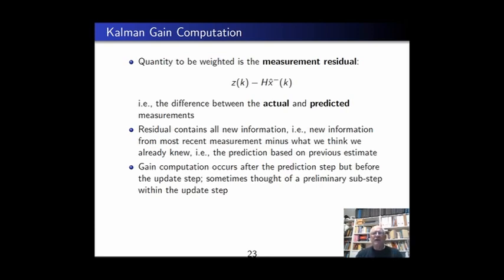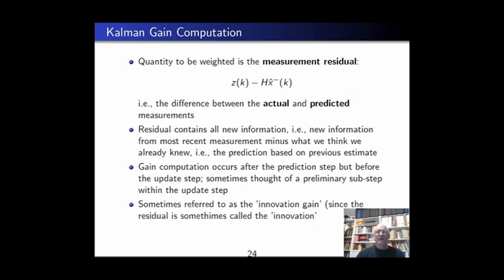So the gain computation takes place just before we do this final update, because we want to apply it to this difference. Sometimes the information in the residual is referred to as the innovation, and the gain itself is called the innovation gain.